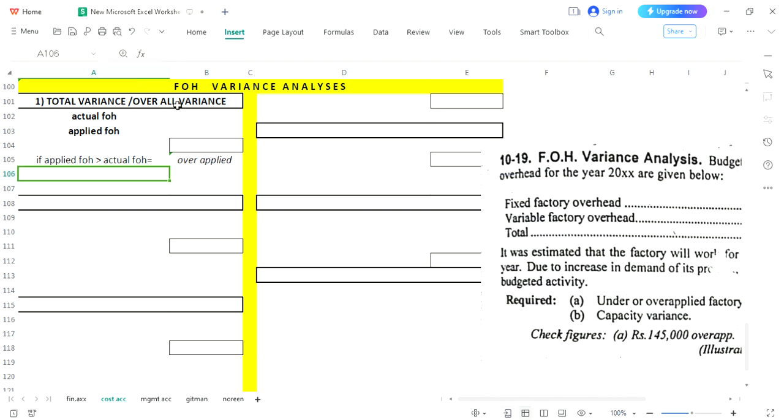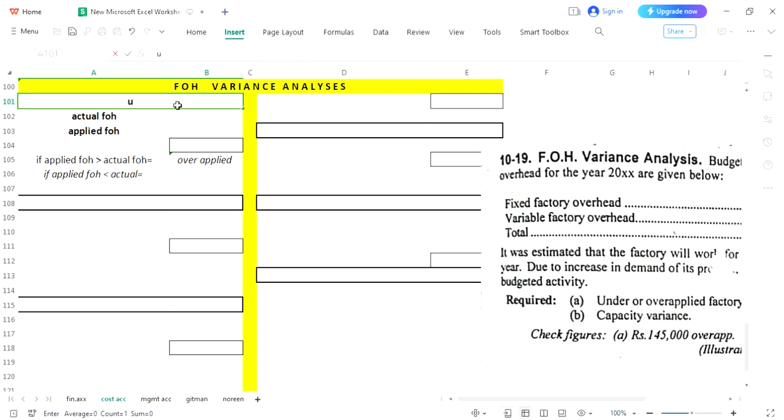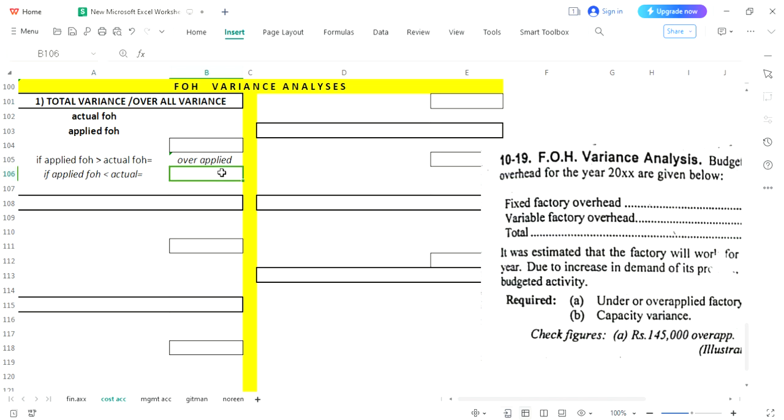In the second case, if applied FH is less than actual FH, it would be considered under applied FH, which would be written over here. In this way we will be able to calculate our first variance. You can see the requirement is under or over applied.